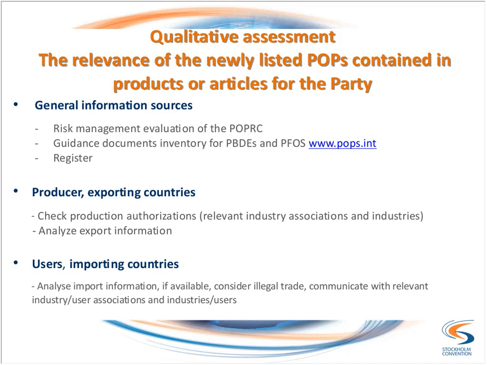If you are a user, which probably means that you are an importing country, then it is not the export information that you need, but the import information. You also need to consider if there are some illegal trade considerations to have a look at.